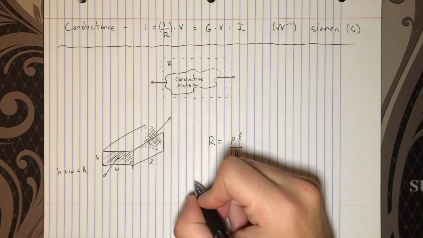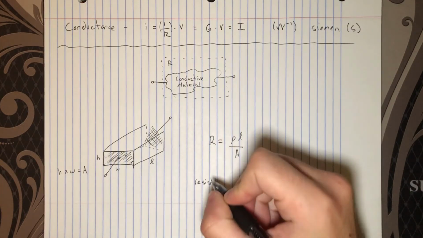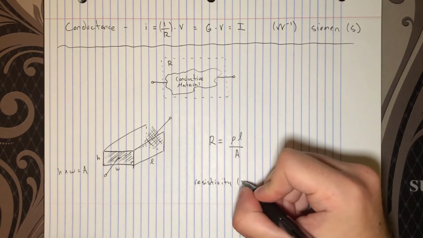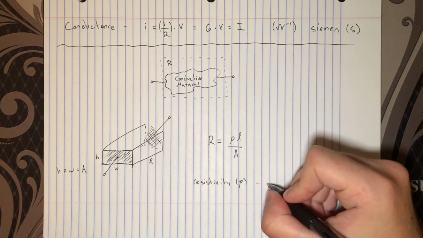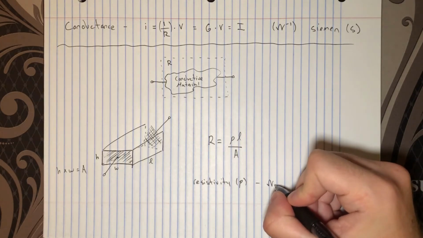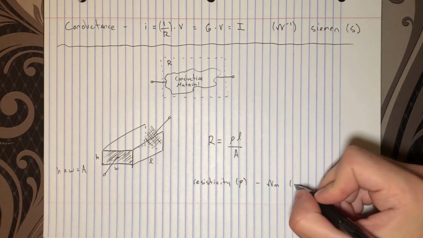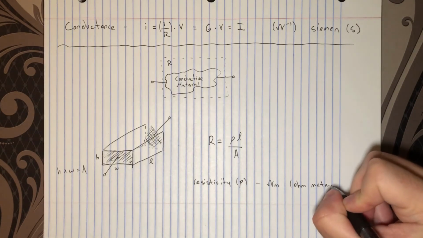For completeness, I'm going to write this out. Resistivity rho has units of ohm meters, and you can see how that works out. Ohm meters.